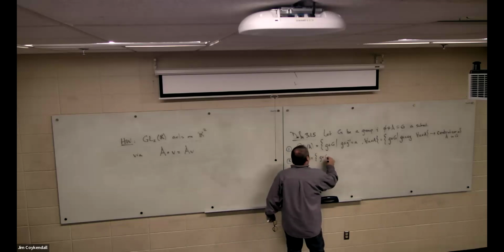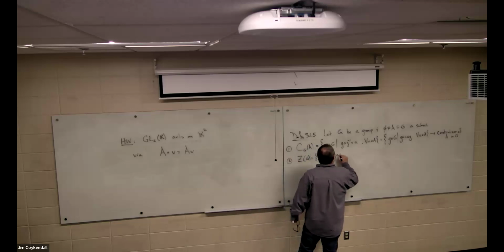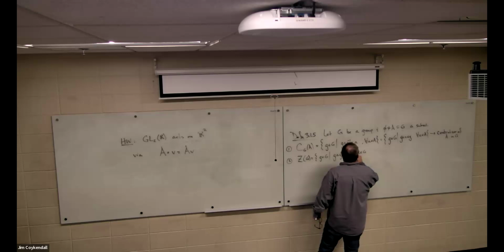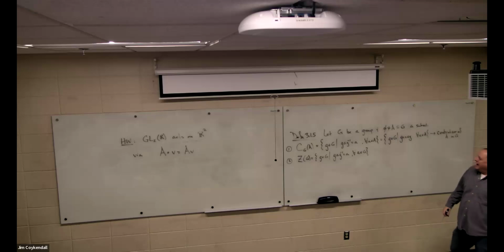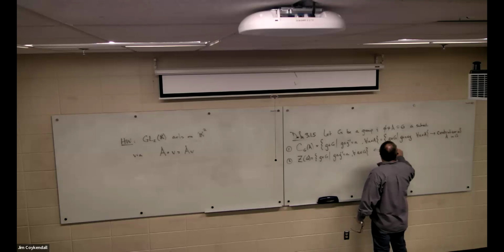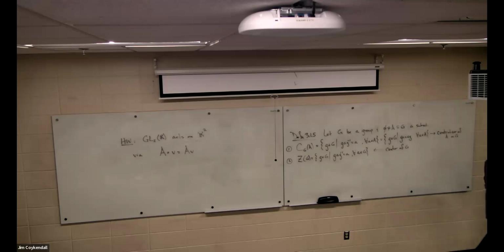This is the set of g in G such that g a g inverse is a for all a in G. Actually, can somebody explain to me why the center of G, this is called the center of G. Can somebody explain to me why the center of G, number two, is actually a special case of number one?